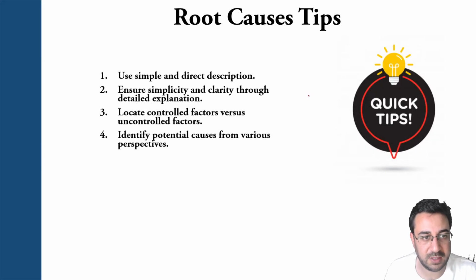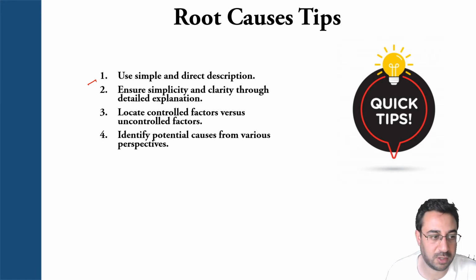Now, giving you tips and tricks on the root cause analysis. In order to do your root cause analysis as straightforward and as efficient as possible, firstly, you use simple and direct description and you ensure simplicity and clarity throughout the detailed explanation. As simple as possible, as clear as possible, to be able to tell the story, as we said before.